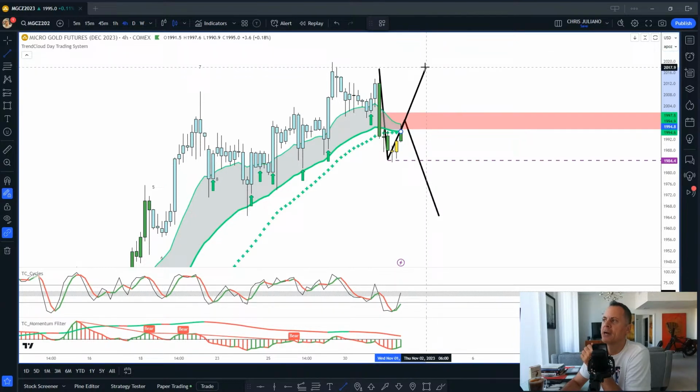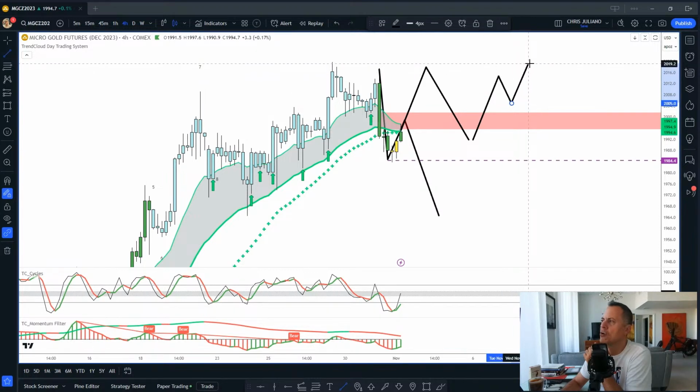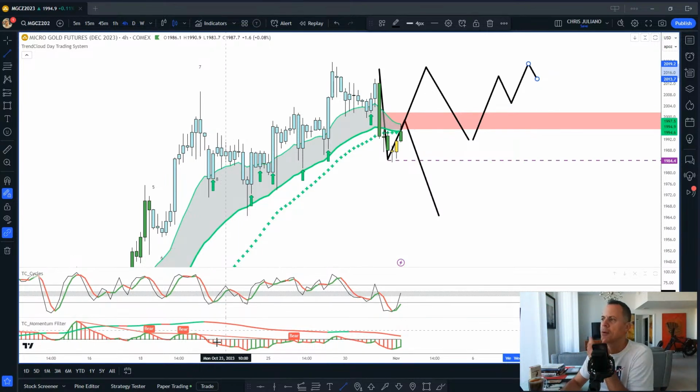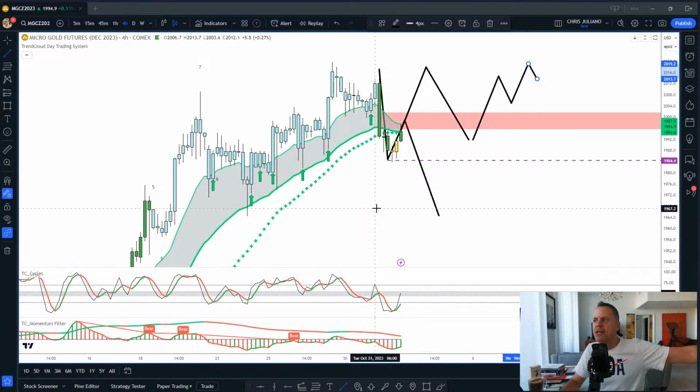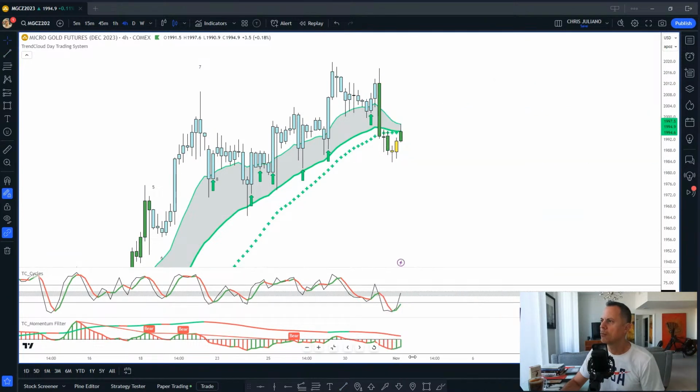But it might go sideways for a while until it chooses a direction. Maybe we start seeing higher lows, right? And it squeaks out in some sort of ascending triangle. But look, that's speculation.